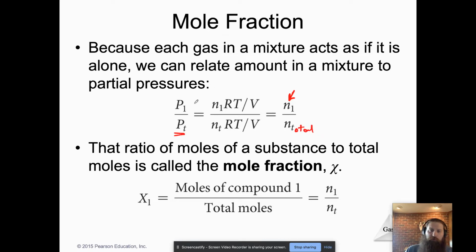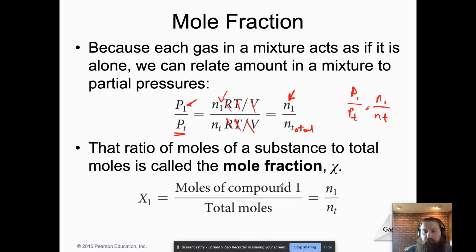Total pressure, gas I'm looking for, moles I'm looking for. Well, R, T, and V all cancel, so I can say that P1 over PT equals n1 over nT. So the pressure is related to the number of moles.